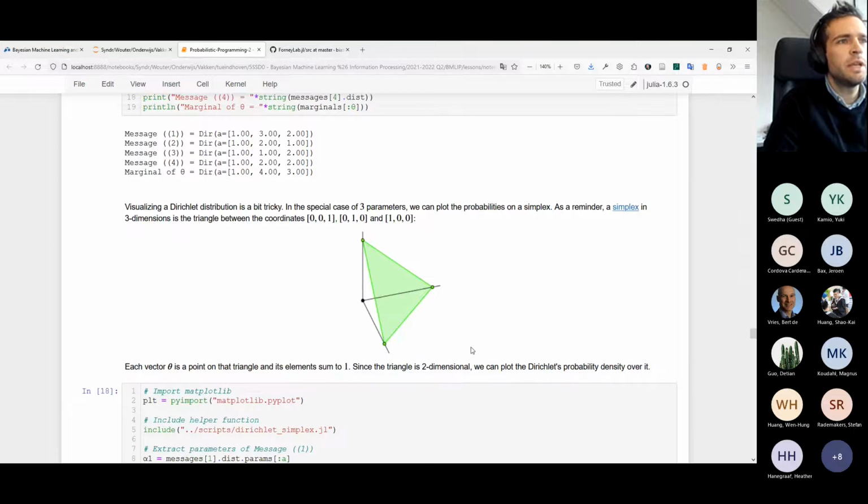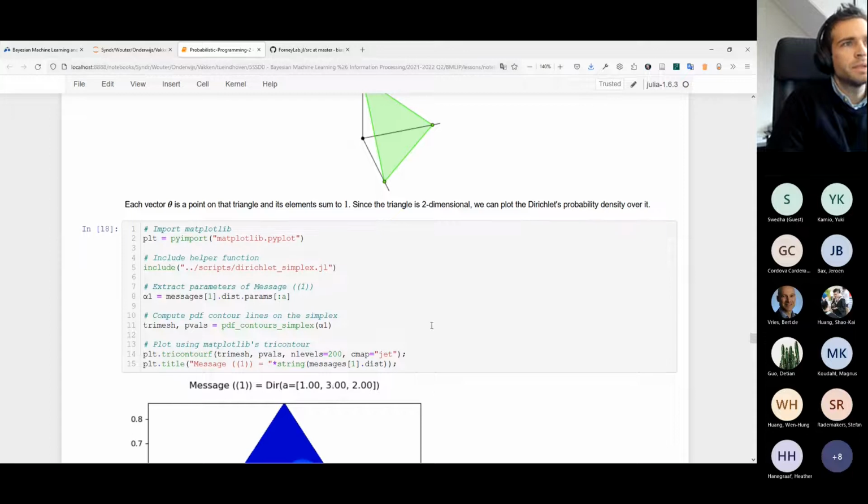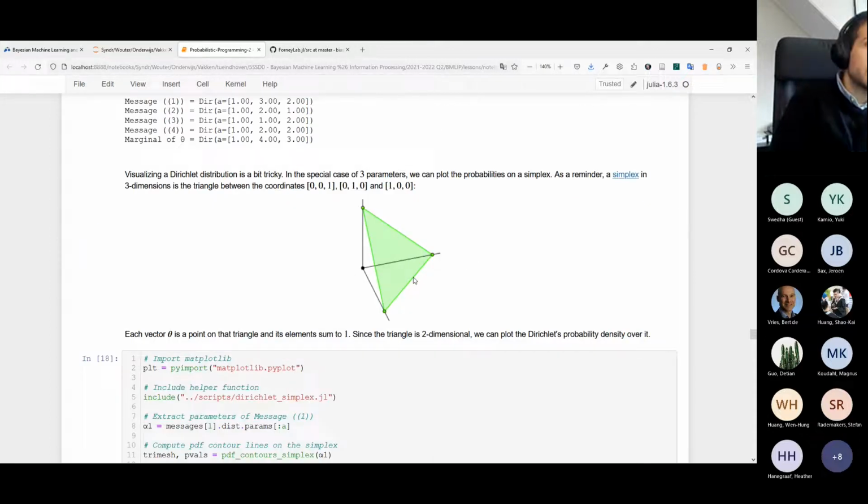I think you really need this picture to understand the following pictures. So a simplex is a structure in a lower dimensional space. What that means is here I have a three-dimensional space. You can see this three-dimensional coordinate system, and then I've defined this triangle here, and it's a plane.